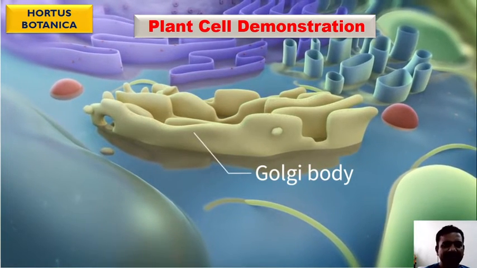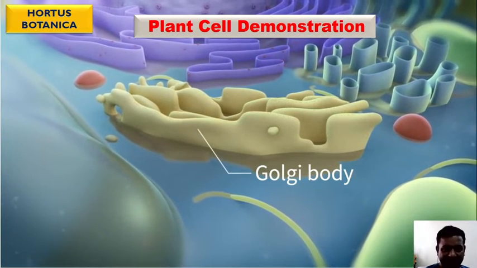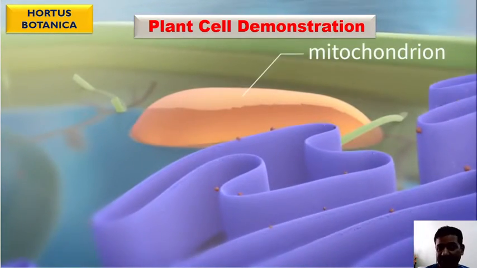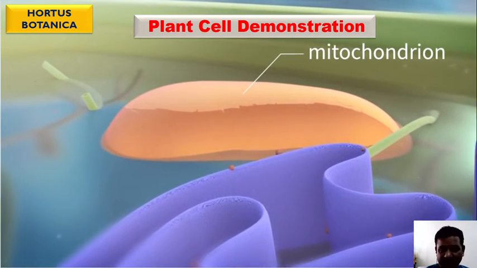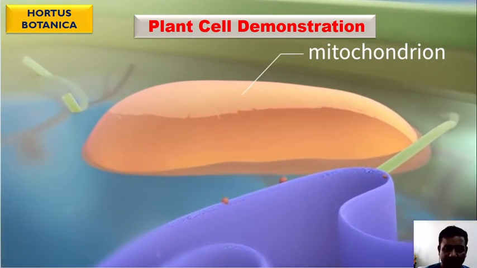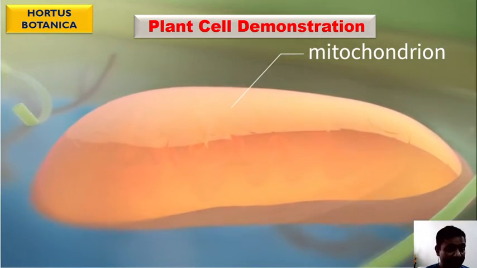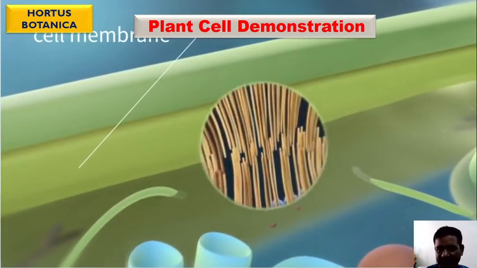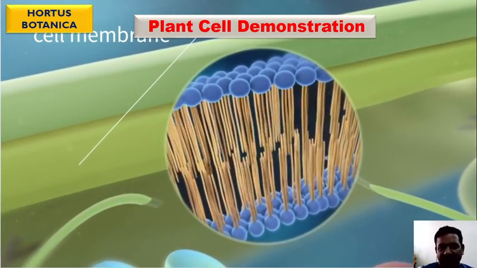This is the traffic police of the cell, the Golgi complex, which forms from the endoplasmic reticulum. After that we have vacuoles and lysosomes also. These are members of the endomembrane system. And see the powerhouse of the cell, mitochondria, which perform cellular respiration. And the cell wall, the main rigid outer guard of the plant cell.